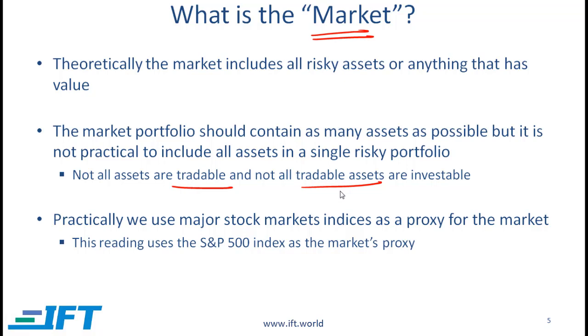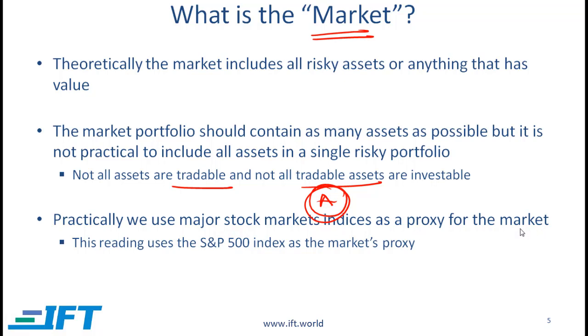You can have a tradable asset such as Class A shares in a given country, which can only be bought and sold by nationals of that country. For people who are not domiciled in that country, these shares will not be investable. Practically speaking, we use major stock market indices as a proxy for the market.